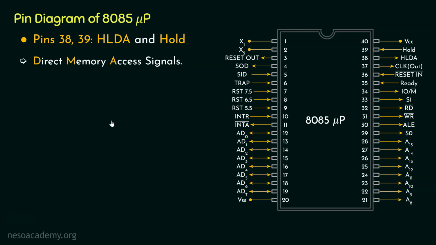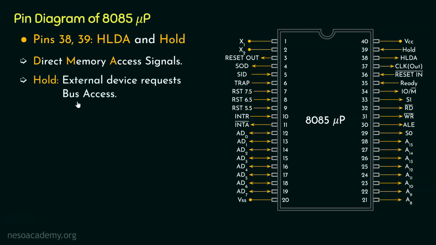Now honestly, there are various modes of data transfer when it comes to the communication between the microprocessor and the peripherals connected to it. One of the modes is DMA mode of data transfer. We are going to learn about that in details later on. For now, just learn that both pin number 39 and 38 are used for this particular mode.